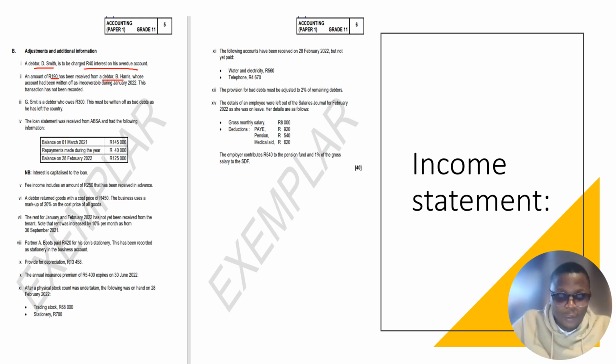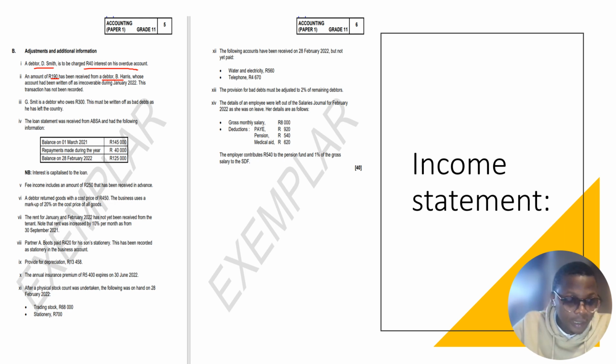Simple. This is income, but it will be under other income in your income statement. So you just have to take it there. It's called bad debts previously written off. So it's income.